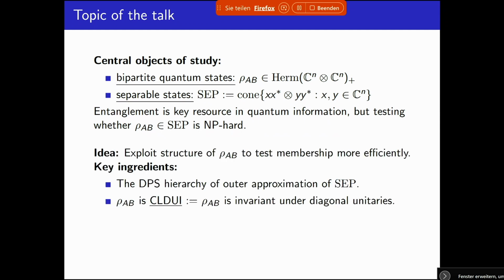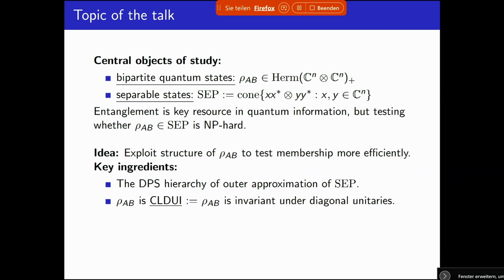methods for testing membership. And the key idea of this project was to suppose you have some extra structure on your quantum state. And then you can pose the question, okay, maybe I can implement these known methods more efficiently, exploiting the structure we have assumed initially. So in essence, we are going to need two ingredients.